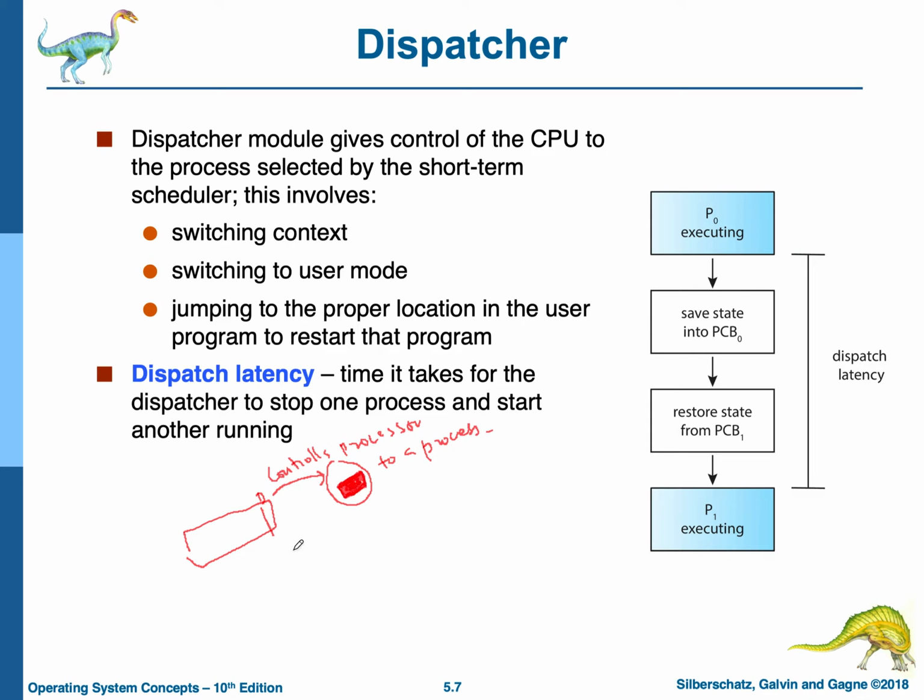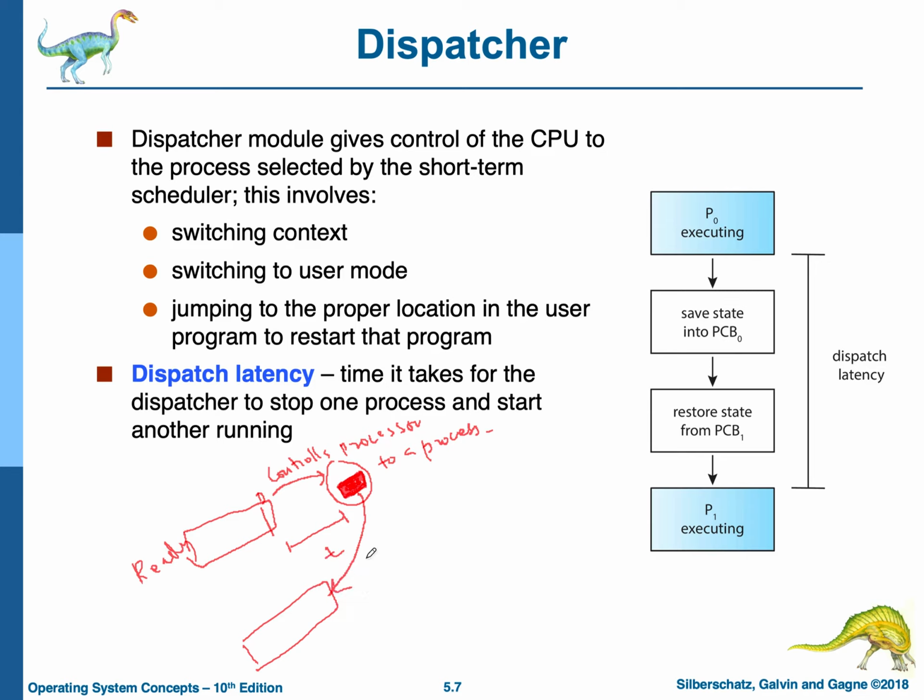Now, in the dispatcher we have some latency involved: the time taken for the dispatcher to stop one process and start another. Suppose one process is working, and maybe this is the ready queue and this is the wait queue. Once this process encounters some input/output, it may be pushed back to this queue.